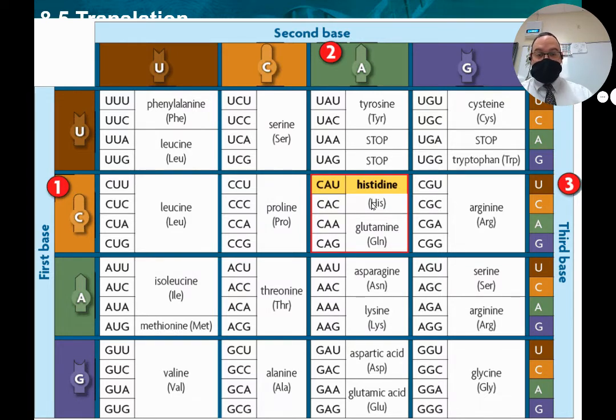And that happens. There is some duplicity here where you get more than one way to get the same amino acid. For example, if you looked at these, CGU, CGC, CGA, and CGG, all give you arginine, Arg. And these are all amino acids.